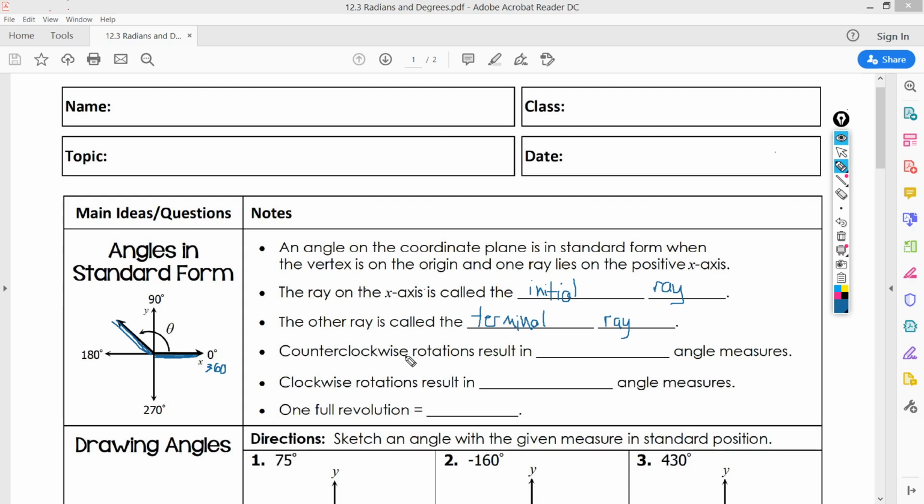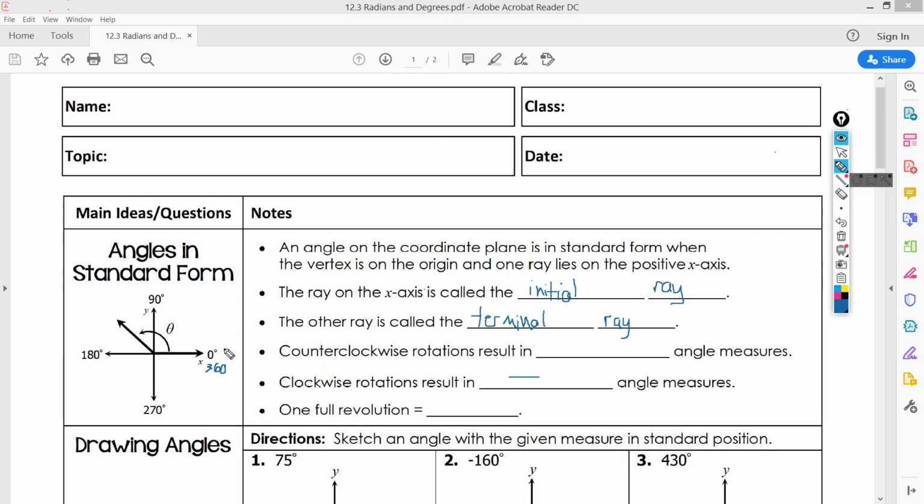And the most annoying thing about this is, in my mind, clockwise, going around like this, that's like positive, right? Because that's moving forward in time on a clock. But clockwise rotations in math are considered negative angle measurements for some bizarre, undesirable reason.